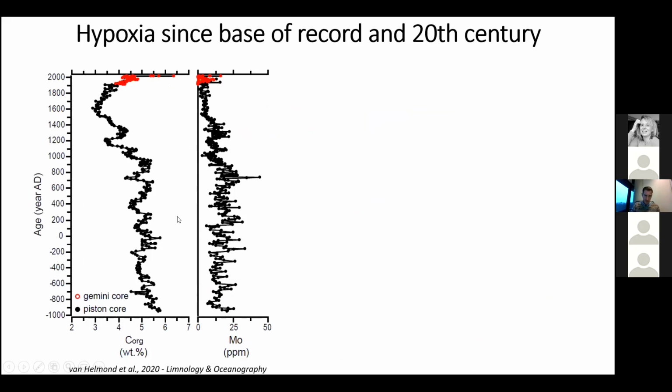And what we see then is that these hypoxic conditions start, or at least start, 1,000 years before Christ, so about 3,000 years ago, and that continues to about 1,400 years AD, so 600 years ago. And then we see a period where the hypoxic conditions decrease. Molybdenum almost goes back to background and only increases again here in modern time.